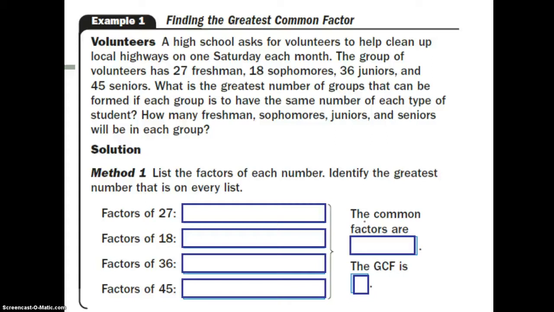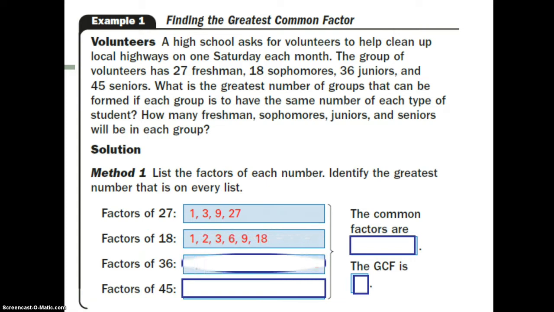There are two methods to solve this. You can list the factors of each number. And remember, we do that by going 1, 27, 3, 9, and so on. 18 is 1, 2, 3, 6, 9, 18. 36: 1, 2, 3, 4, 6, 9, 12, 18, 36.